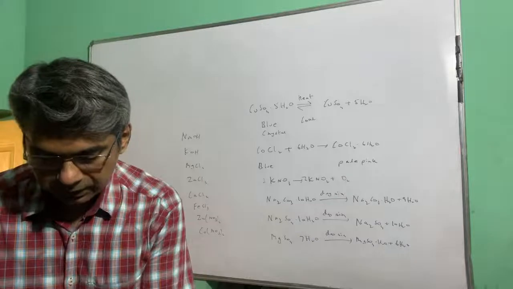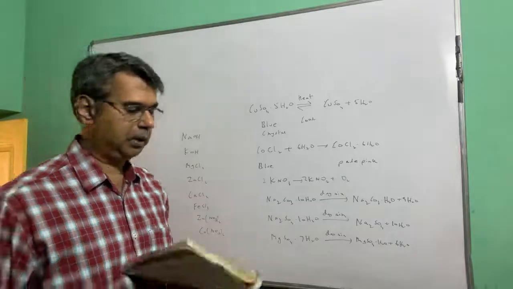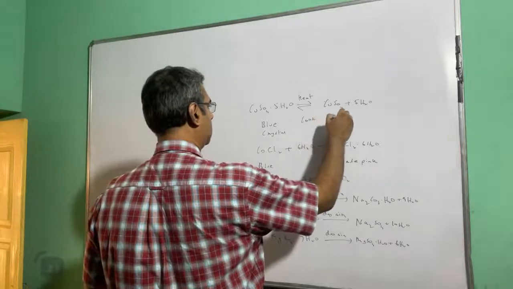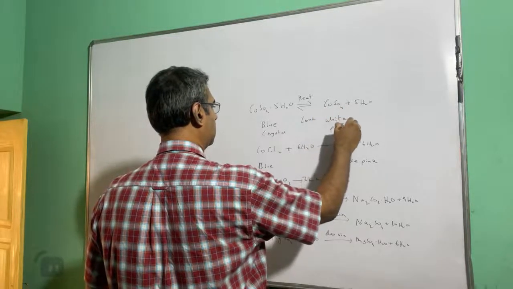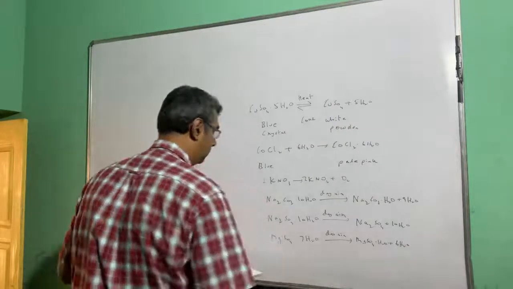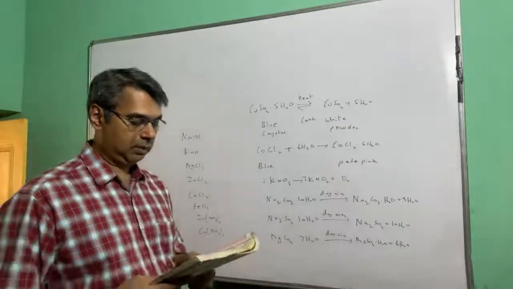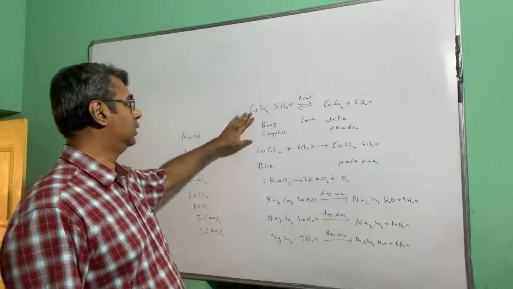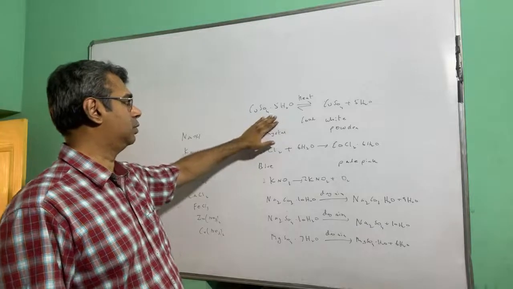So what will happen is that after the heating, the blue color will go away and you will get a white powder, right? So this is a blue crystal, CuSO4.5H2O.